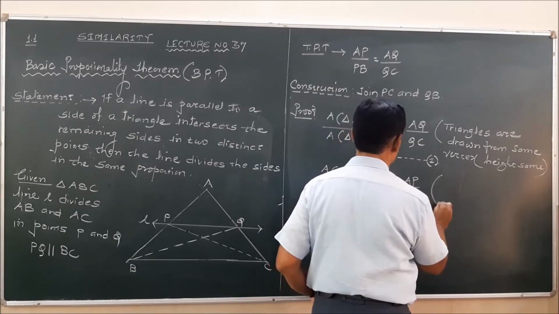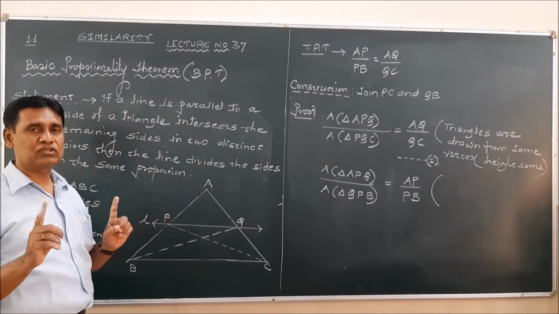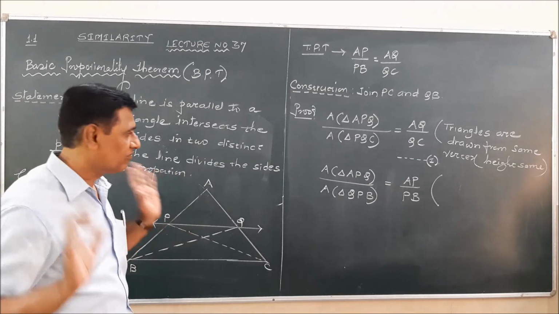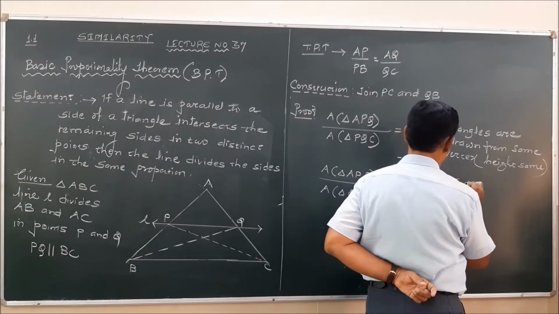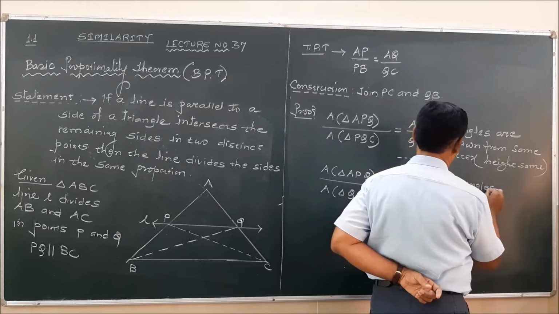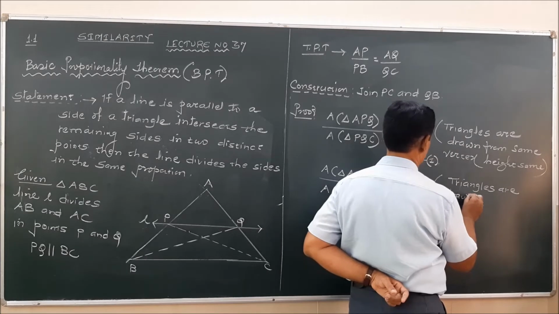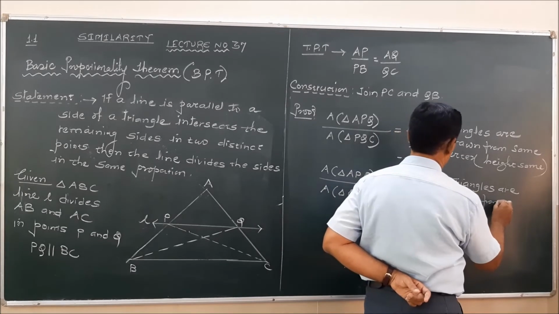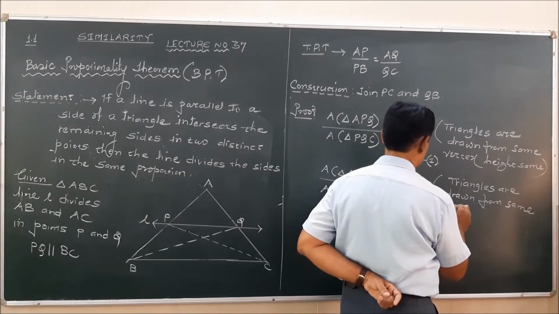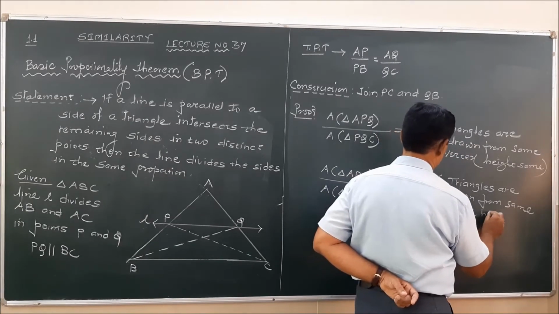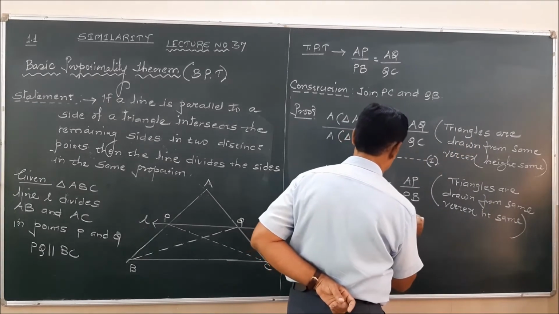Heights are same, dear students, whenever two or more than two triangles are drawn from the same vertex. So triangles are drawn from same vertex, height same. Very fine. Label it as 2.